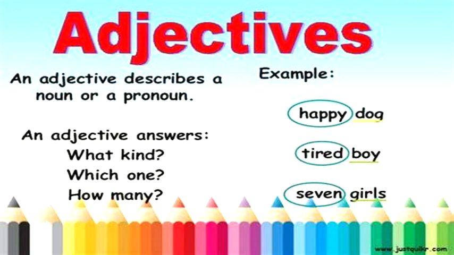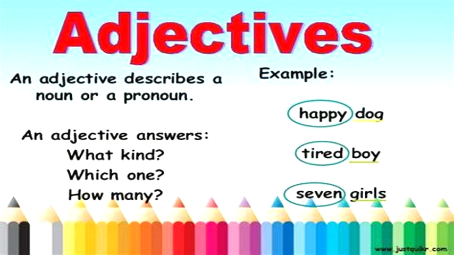How is the boy? Tired. Then adjectives tell you about which one. Do you want a green pencil, a blue pencil, a yellow pencil? Similarly, adjectives tell you about how many, meaning the number of anything, like 7 girls.